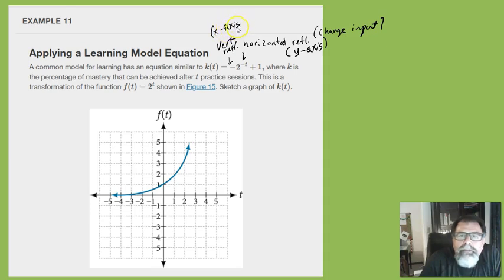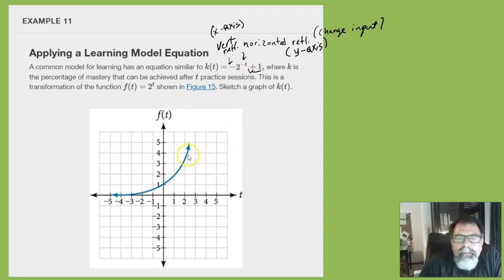It's kind of confusing, because when you say we do it through the x-axis, it's a vertical reflection, but you're changing the y value. The x value stays the same, but the y value switches. So we're going to do those two, and then finally we're going to do a vertical shift of +1. You could probably interchange the reflections, it doesn't matter which order you do those, but you have to do the +1 after you do the reflections. So you do the reflections first and then the +1.